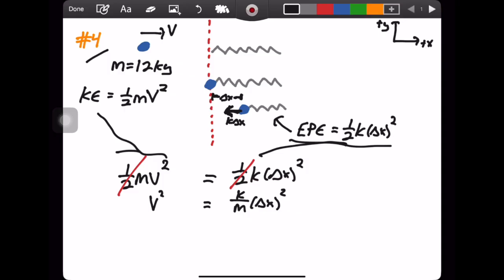And of course, I can take the square root of both sides, such that v is equal to the square root of k over m delta x squared.